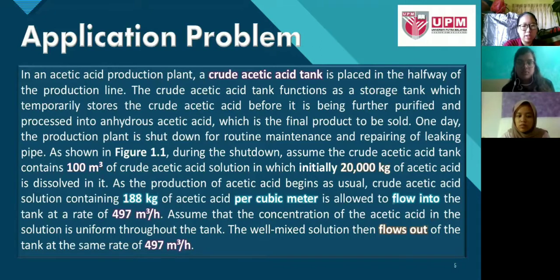As production begins as usual, crude acetic acid solution containing 188 kilograms of acetic acid per cubic meter flows into the tank at a rate of 497 m³ per hour. Assume that the concentration of acetic acid in the solution is uniform throughout the tank. The well-mixed solution then flows out of the tank at the same rate of 497 m³ per hour.